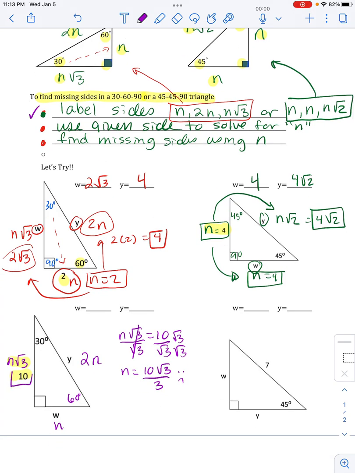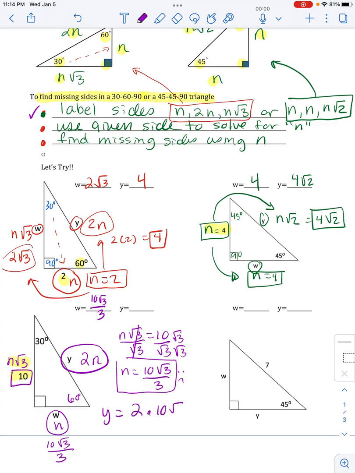Well, I already know the side is 10 because it was given. This is what I just got for n, which means that's down here. So this has a 10 root 3 over 3 value, and that is the one they labeled as w. Now that I know n, I can go here and solve for y, because y is going to be 2 times what I just got for n.